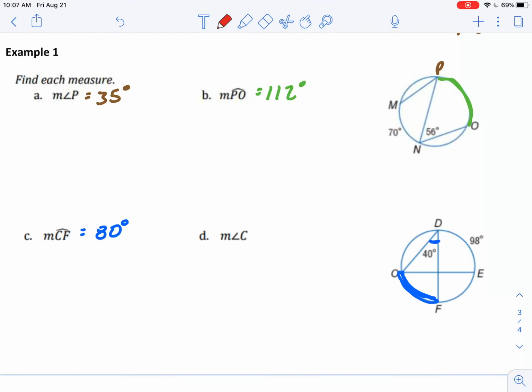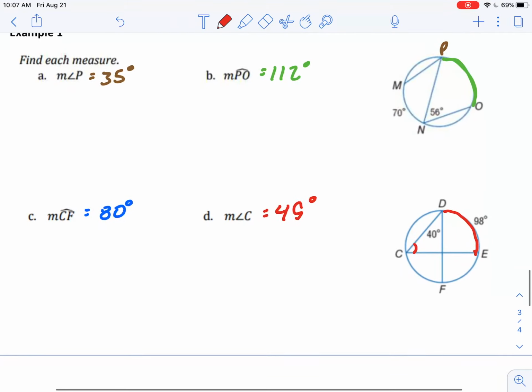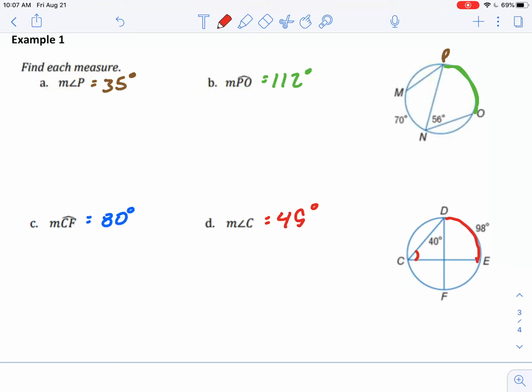And last but not least, the measure of angle C. Here's angle C. And this is opposite the arc 98, therefore it's half of 98, which is 49 degrees. Okay, so remember, the inscribed angle is half of the arc.